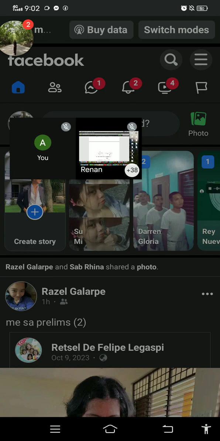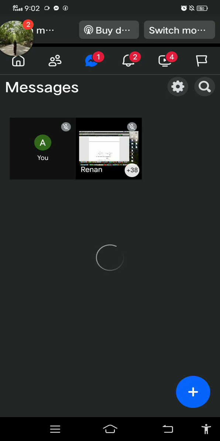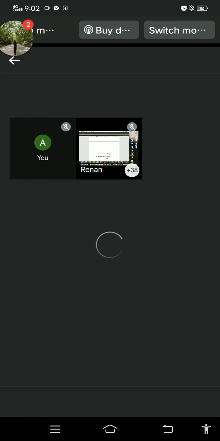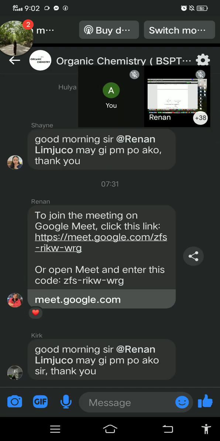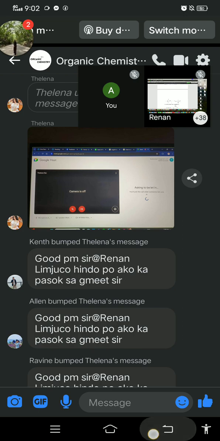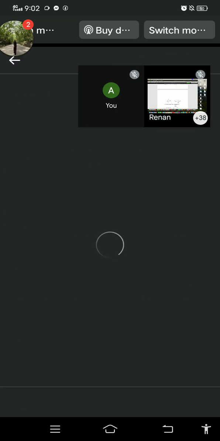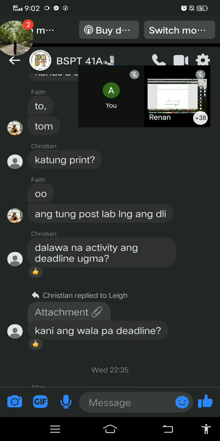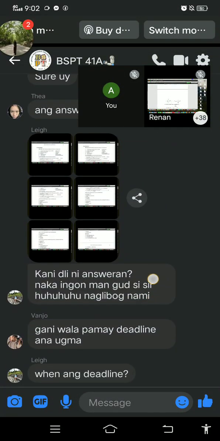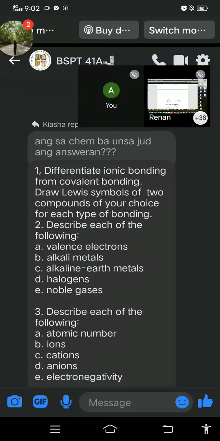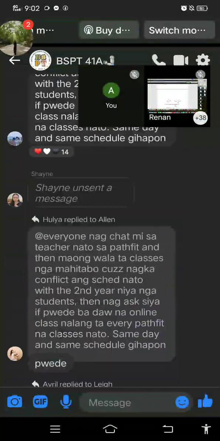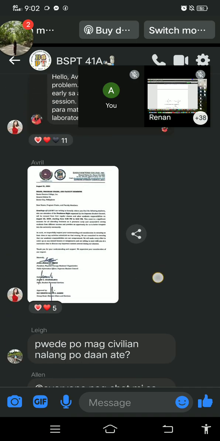In cyclohexane, all the carbons will only have a single bond. Do you understand? Now, if there are six carbons formed as a ring, but the carbons are attached in such a manner that the single and the double bond are alternately drawn, like this one: single, double, single, double, single, double.